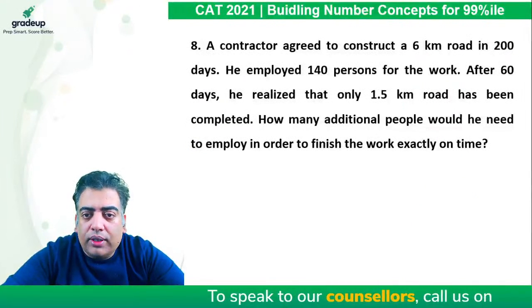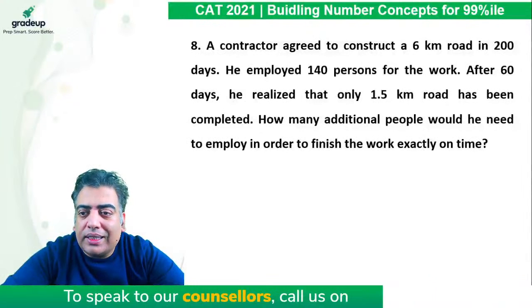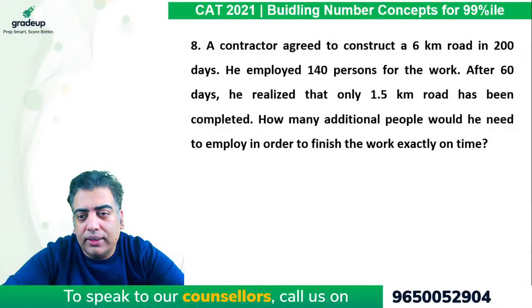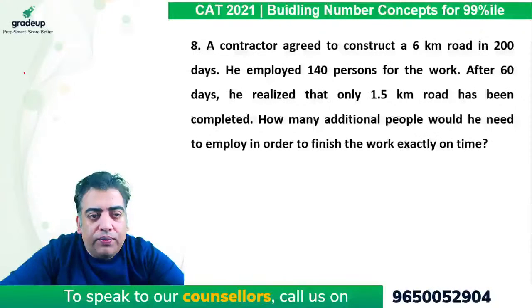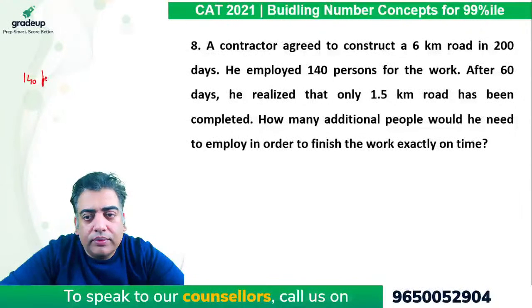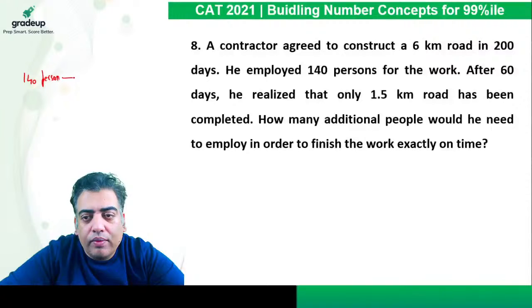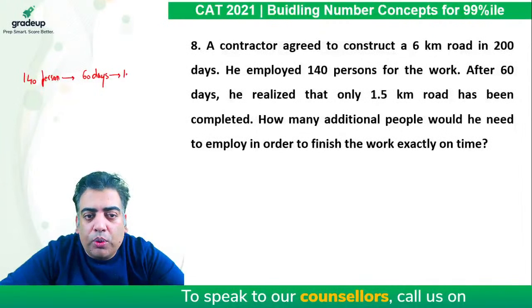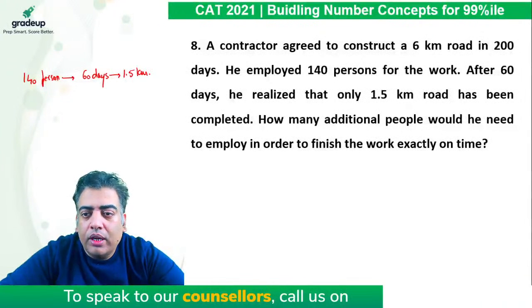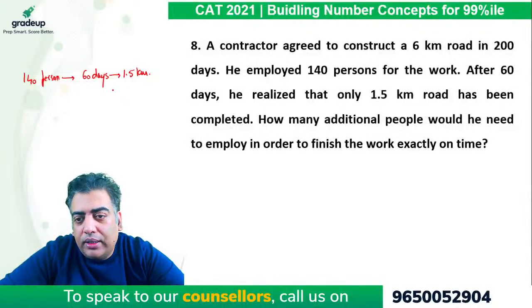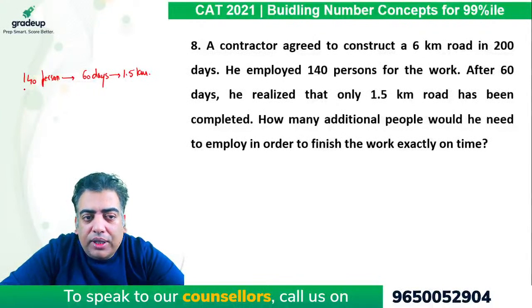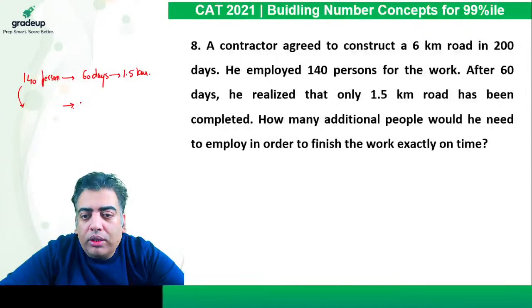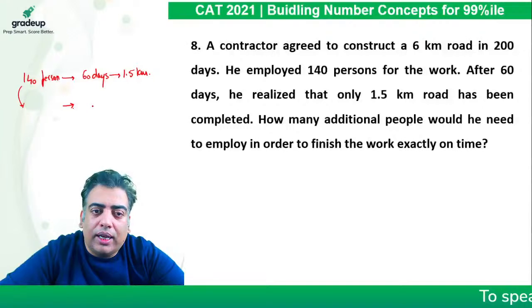Here it says a contractor agreed to construct a 6-kilometer road in 200 days. He employed 140 persons for the work. After 60 days, when they have worked for 60 days, he realized only 1.5 kilometer of the road has been completed. How many additional people are required to employ in order to finish the work exactly on time?